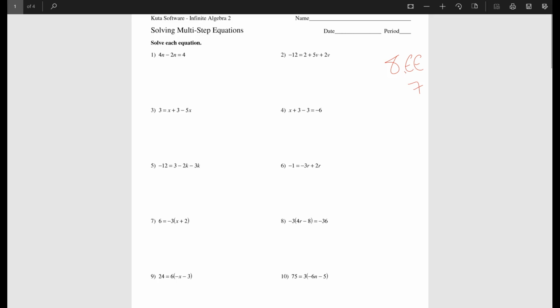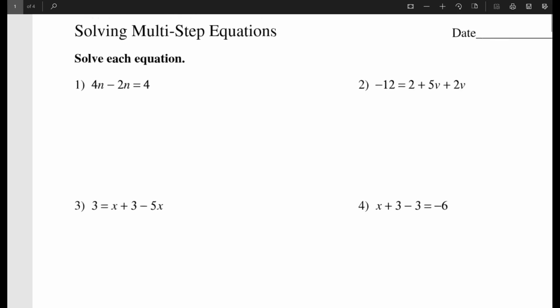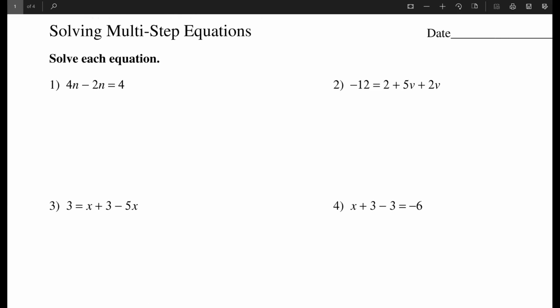So standard 8.EE.7, which is essentially just meaning that we are going to be looking at how to solve multi-step equations, which is actually really simple.